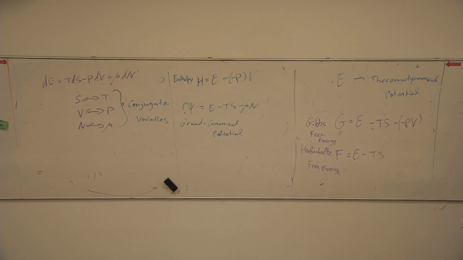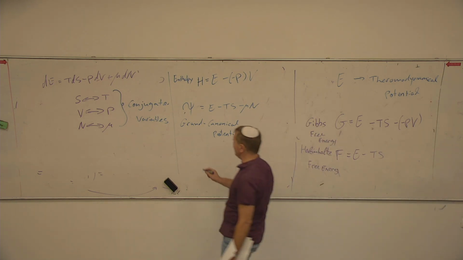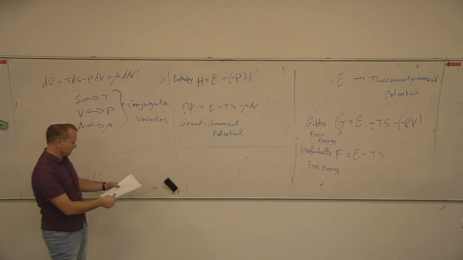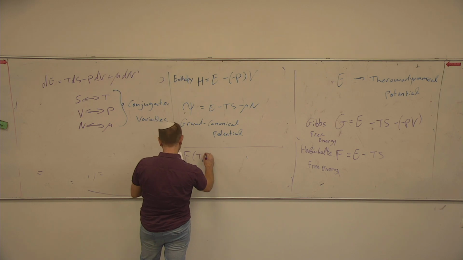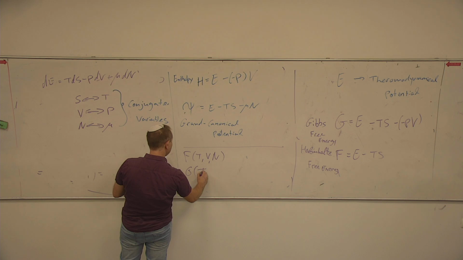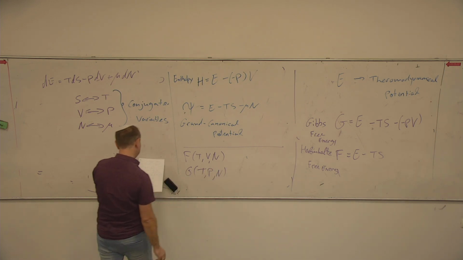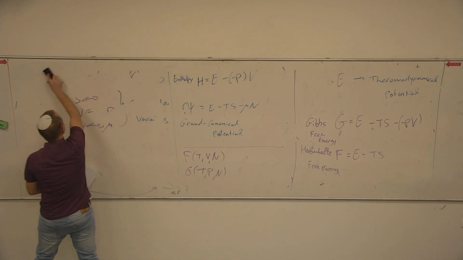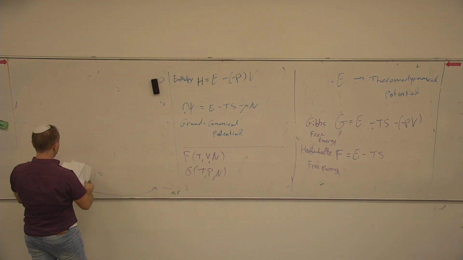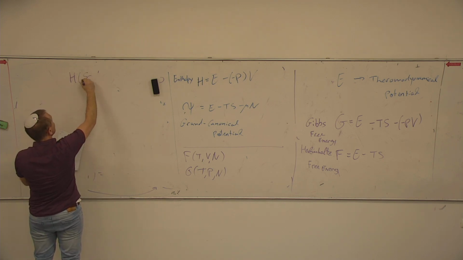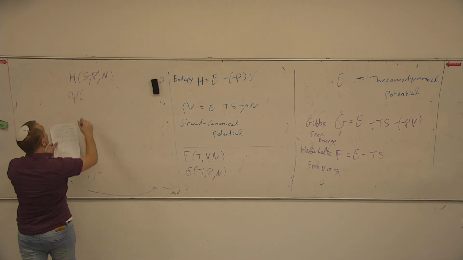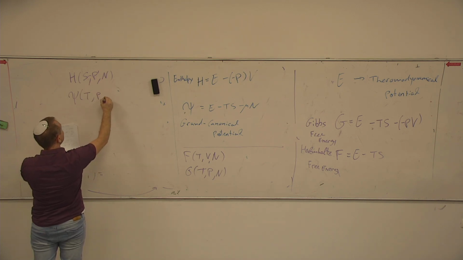It's just that the different coordinates that we use in order to describe them are not S, V, N. It's something else. Okay? So F is a function of T, V, and N. And G is a function of T, P, and N. And for H, it's a function of S, P, and N. And for psi, it's a function of T, V, and mu.